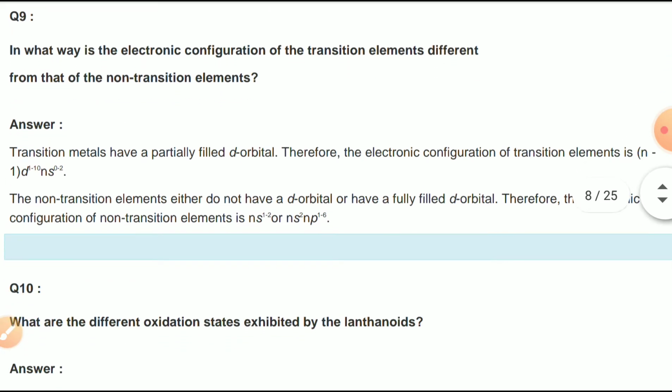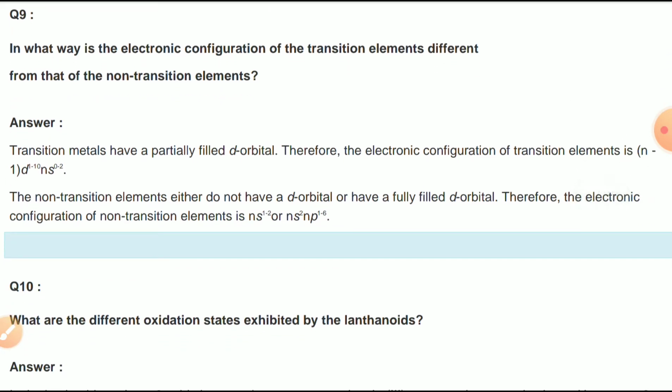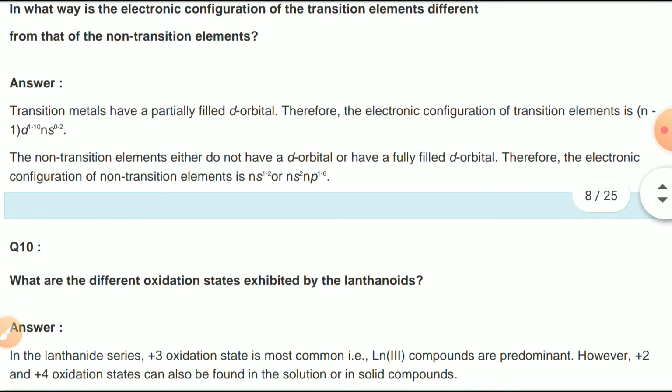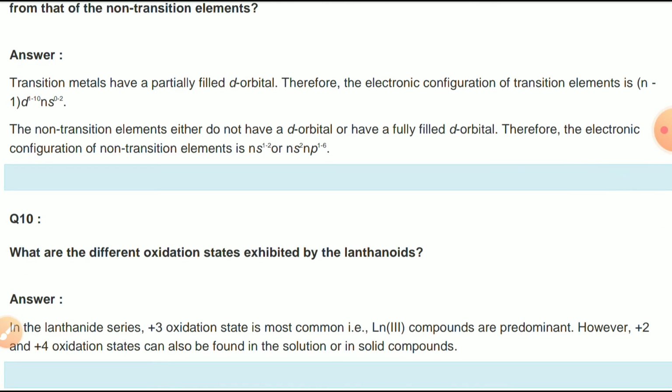Then question number 9. In what way is the electronic configuration of the transition elements different from that of the non-transition elements? Answer. Transition elements have partially filled d orbital. Therefore, the electronic configuration of the transition element is (n-1)d 1 to 10 ns 0 to 2.